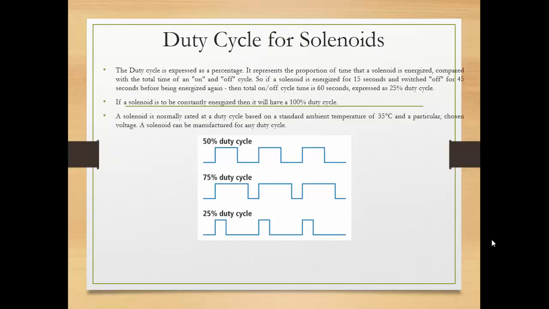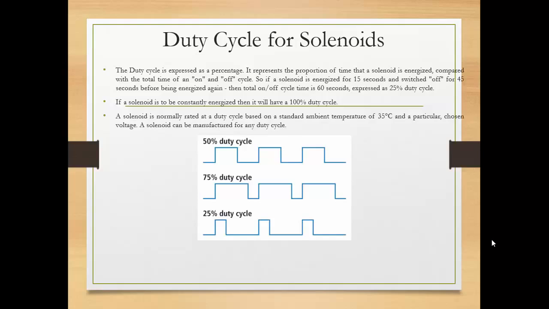The first thing we needed to clarify or mention was the duty cycle for solenoids. A duty cycle is the percentage of time the solenoid is energized compared to the total time of the cycle, on and off.